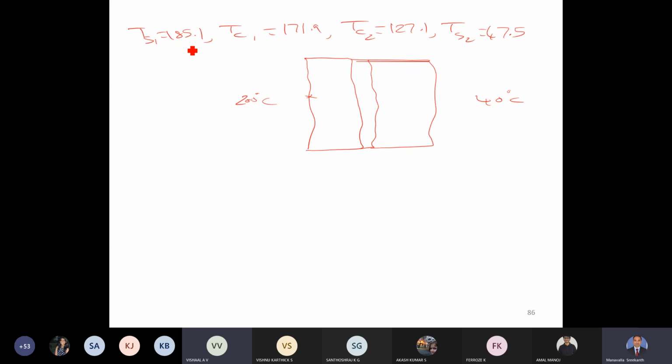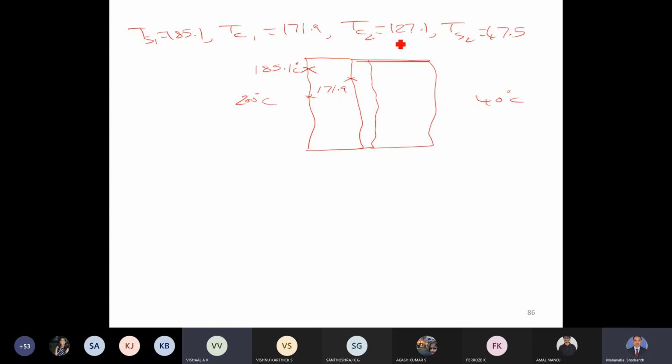Looking at the values here, TS1 is 185, a very high value compared to the other end. TS2 is 47.5. So let us start plotting somewhere here. Let us say this is TS1, 185.1 degrees Celsius. Then TC1, the temperature on this surface, is 171.9, so there is a slight drop. Then TC2 is 127.1.